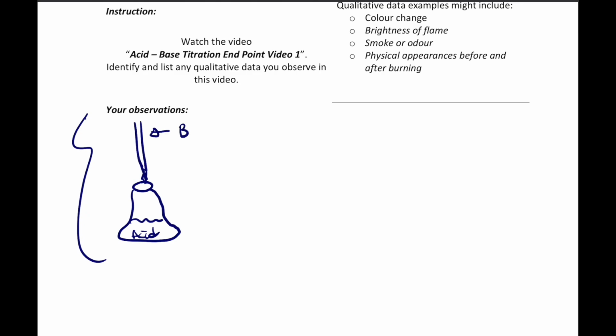So this is your burette, and this is your flask. And then you were able to observe that there was some dropping happening. So when this happens, the color change was happening inside of the flask, right? And you probably have written that there was color change.